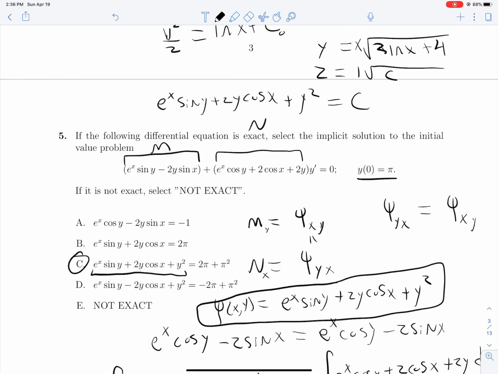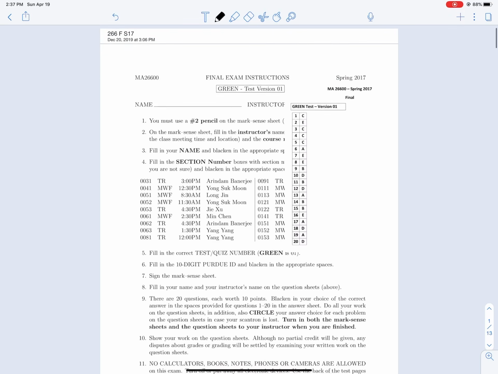But if we plug in y at 0 is equal to pi, what do we get here? We will get 0 plus 2 pi times 1 plus pi squared. And there's your 2 pi plus pi squared. So 5 is c.